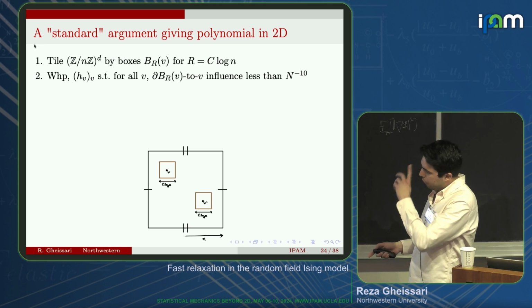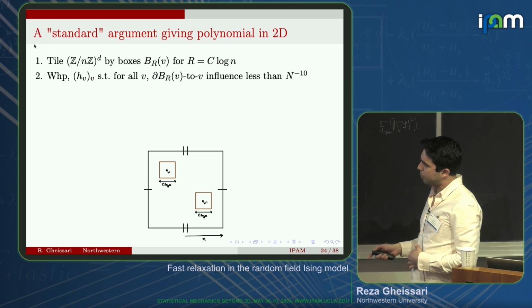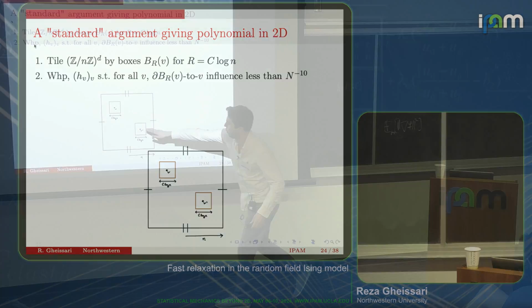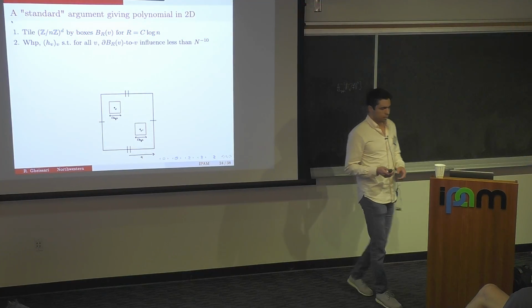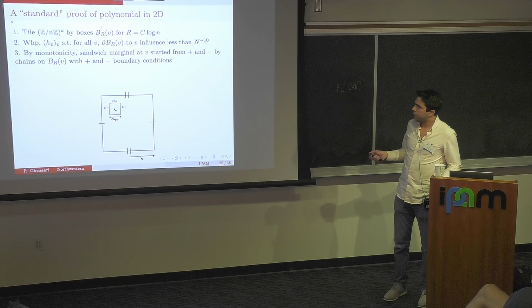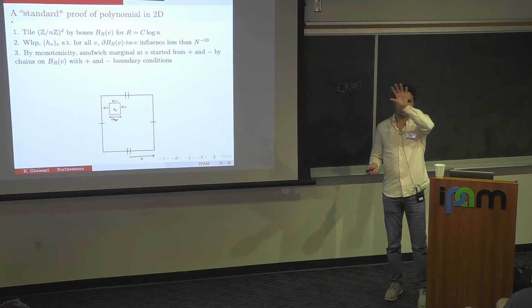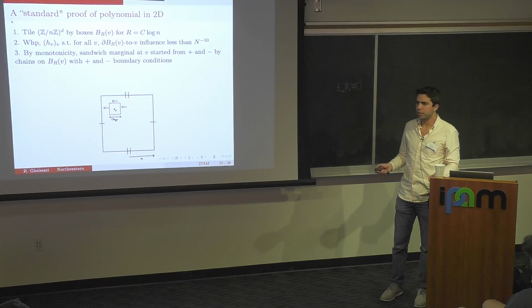And therefore, if I look on any one tile, there's an exponential decay of the influence from its boundary to the middle. Okay? All of the bad regions are completely confined inside one of these. Then by a simple monotonicity argument, I can just think about the dynamics which freezes plus on the outside of this or freezes minus on the outside of this. And I do this for every site all around the box.